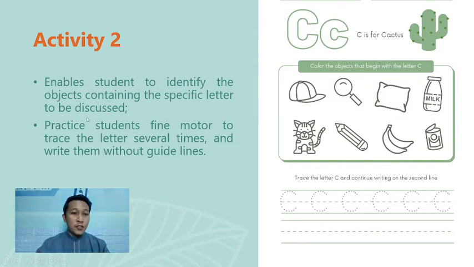After identifying the objects, students will practice tracing the letter C. They will trace it several times, C, C, C, so they will know how to write C from up here all the way down. By observing and tracing the letter C, students can identify its shape.